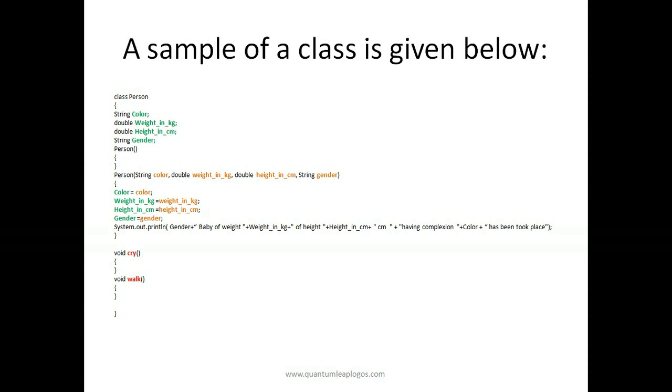Both keywords are used to write whatever is inside the opening and closing brackets within inverted commas. The println and print keywords are used to display things on the screen. Whatever we want to display on the screen, we have to use this keyword. So this is all about constructors.